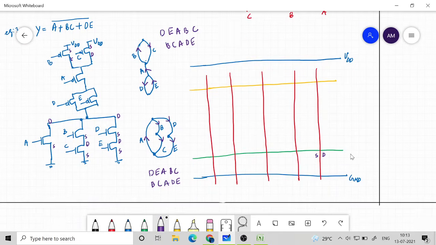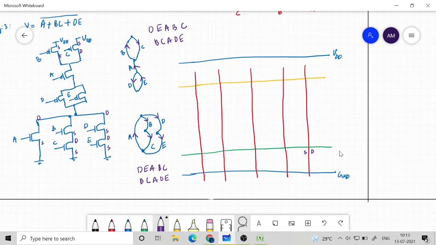So one of these orders we can choose. Let us choose the first one itself. So I will put D, E, A, B, C. This is the way I am going to put it.